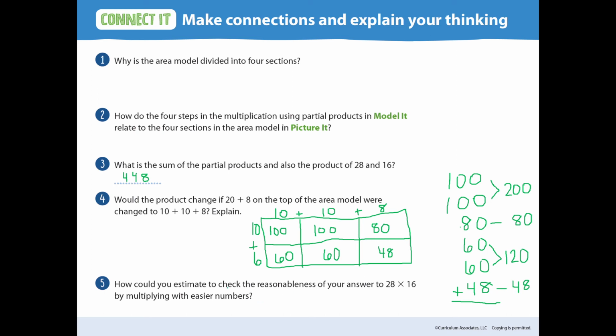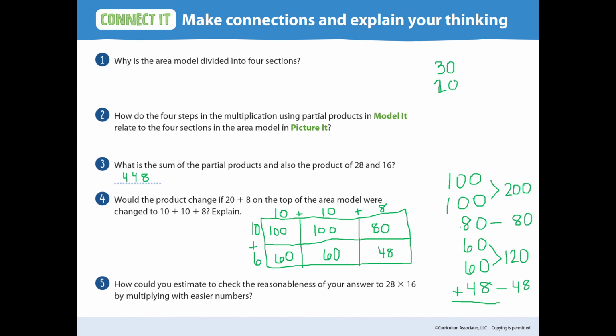So what I would do, estimate tells me to round my numbers and then solve. So to make it easier on myself, I'm going to do my work up here so I have a little bit more room. I would round 28 to the nearest 10, which is 30. And I would round 16 to the nearest 10, which is 20.